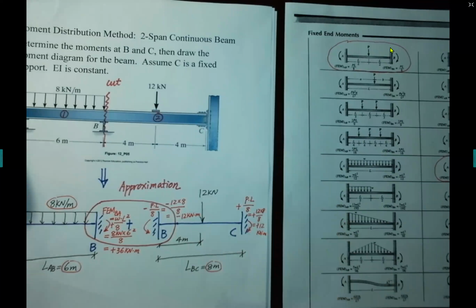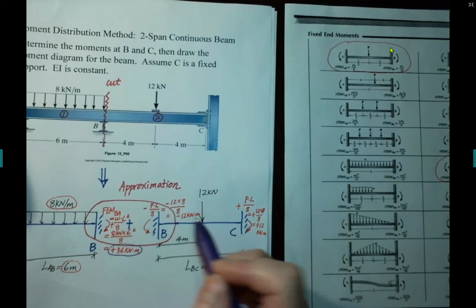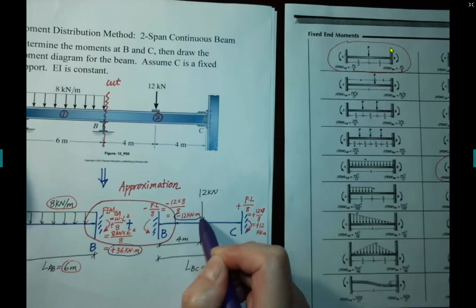After we do this approximation, we notice that there is an unbalanced moment at B. So on AB side, positive 36. On the BC side is negative 12.